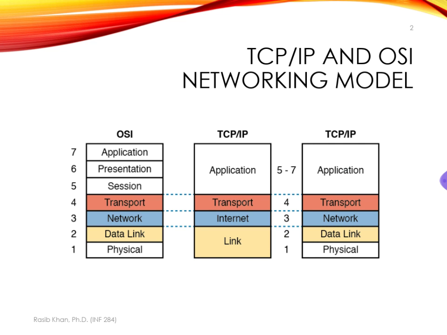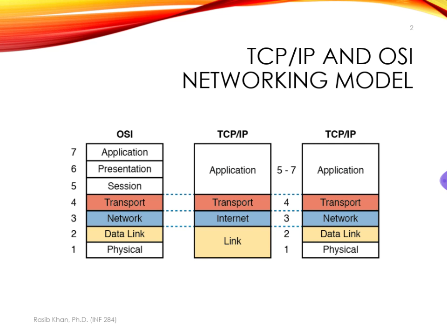And as you can see, the TCP/IP model and the OSI model have corresponding comparisons being placed side by side. And on the far right, we have the newer version of TCP/IP, where the link layer from the previous version is broken down into 2 layers, the data link and the physical layer, and the rest of the layers are the same.